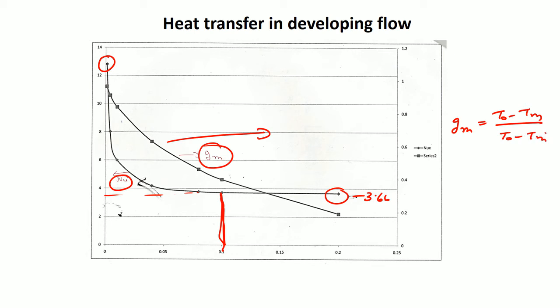So, as we increase in x, we can see that this particular value becomes smaller and smaller, because the mixed mean temperature approaches the T naught limit. You have seen that in your laminar duct flow results also. If you recall what we saw in your laminar duct flow results, it kind of curves up and approaches the T infinity. So, it always tries to approach the T naught, right.